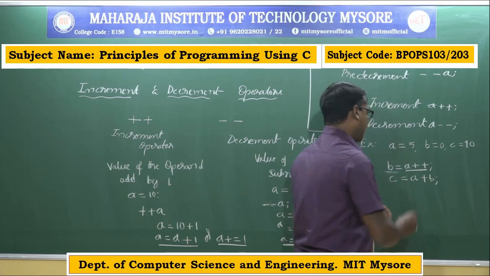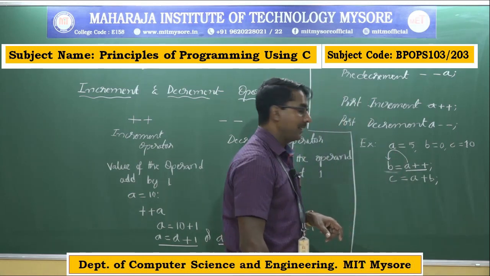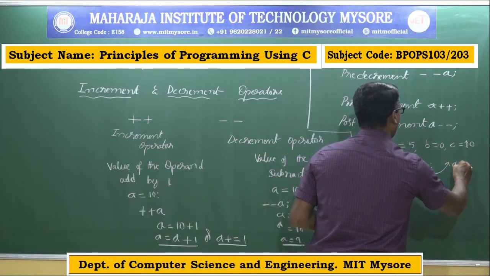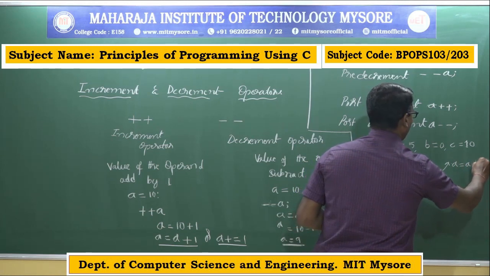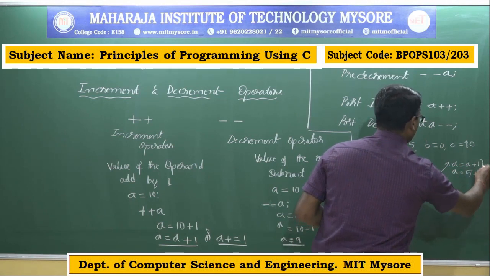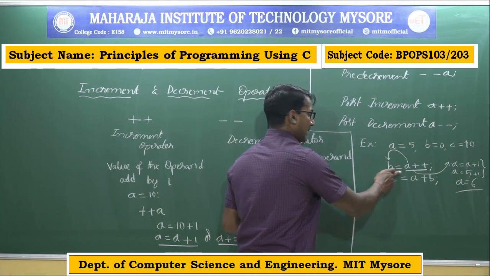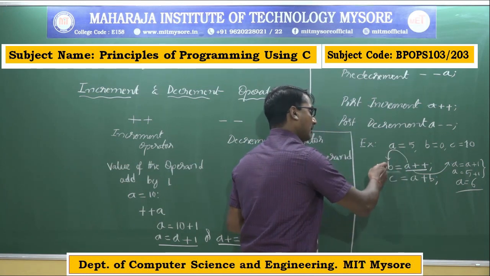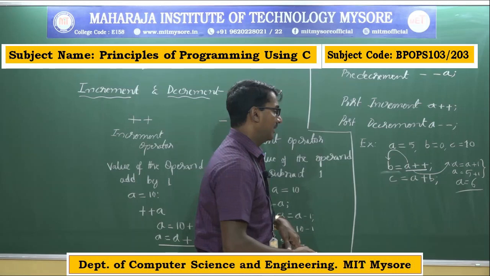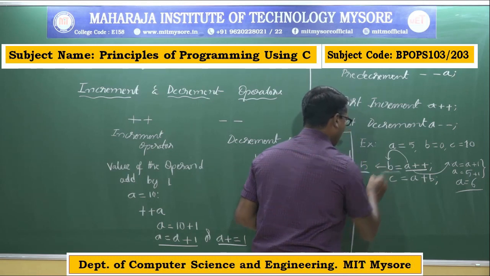Here first the value of A will be assigned to B. Later the value of A will be incremented by 1, means A is equal to 5 plus 1, so the value of A is 6. But the value of A is assigned to B before incrementing. So now the value of B is 5.